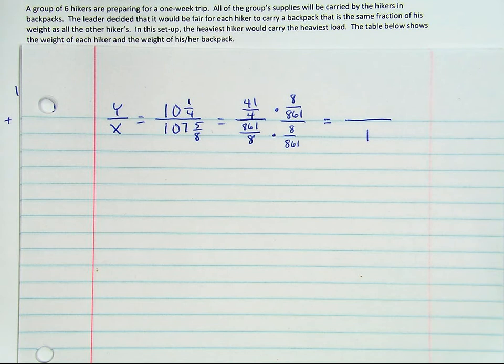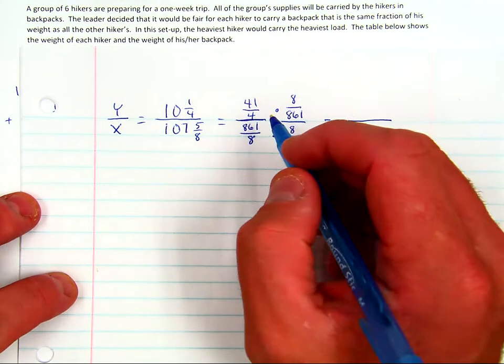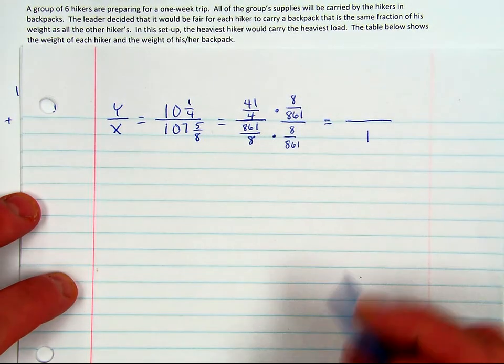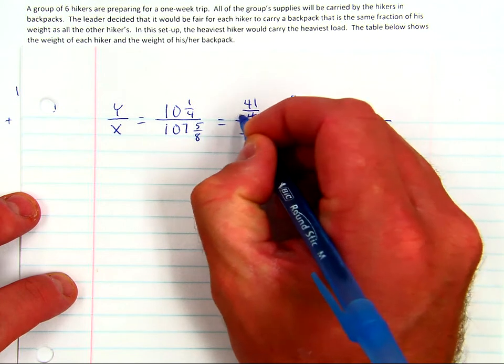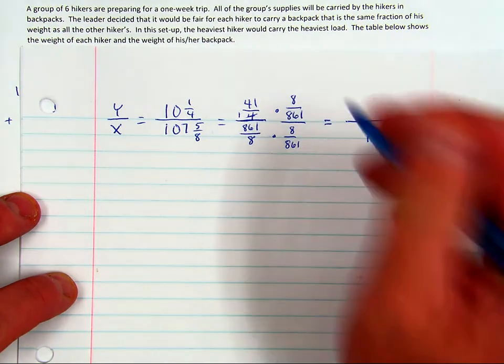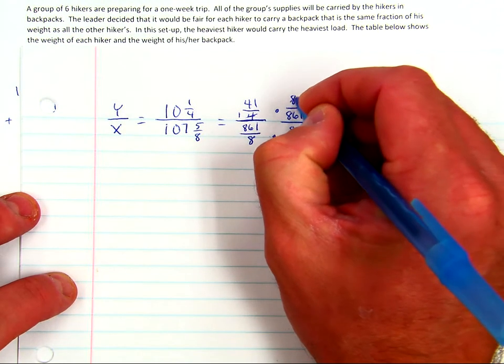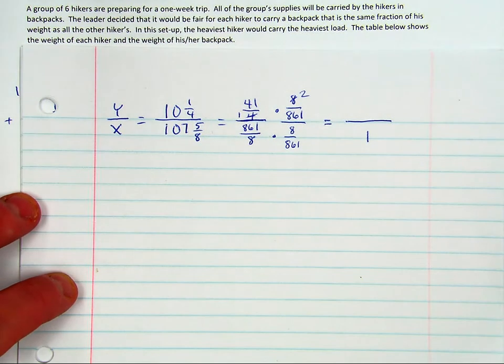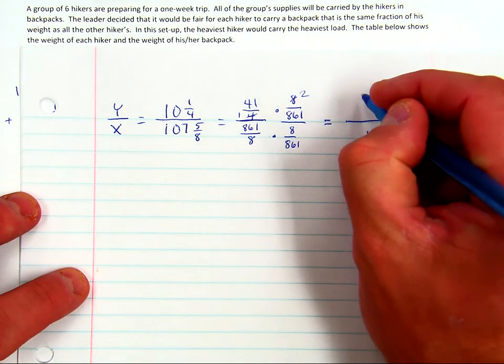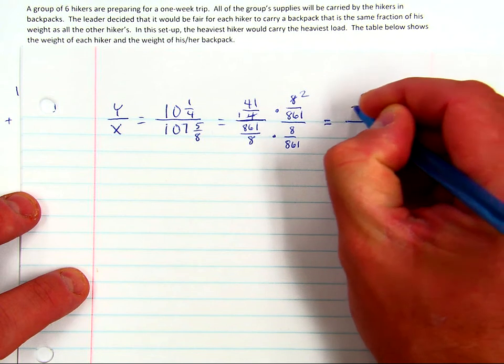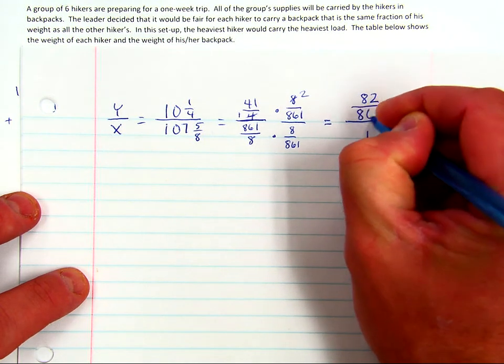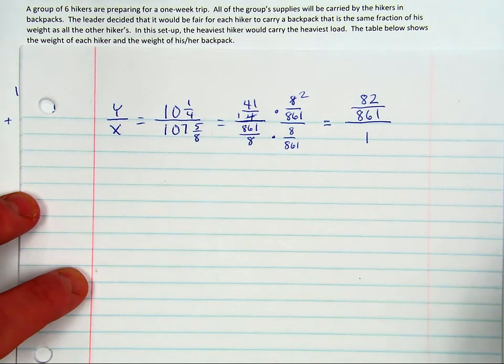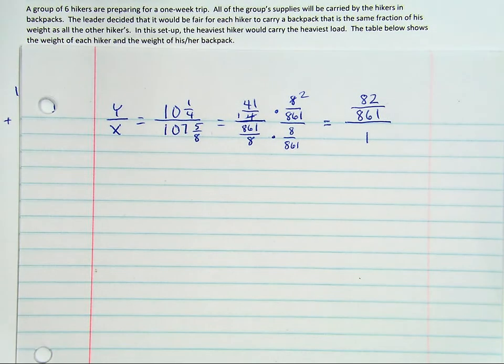And you can see right off the bat that 4 goes into 4 once. 8 divided by 4 is 2. So we get 82 divided by 861. Sorry.